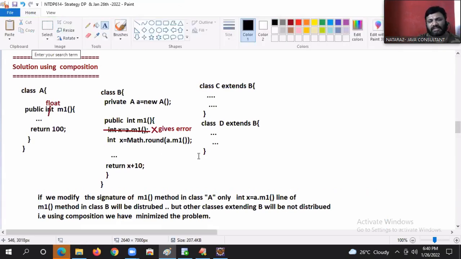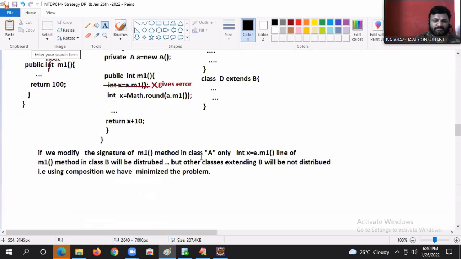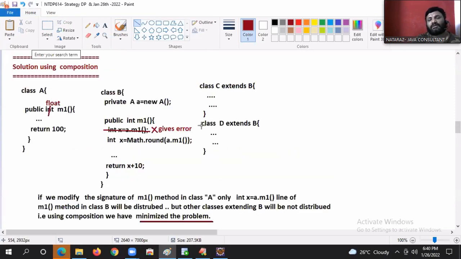Are you understanding my statement, guys? Using composition, we have minimized the problem. Definitely, we have minimized the problem, guys. Everyone got the clarity, boss?